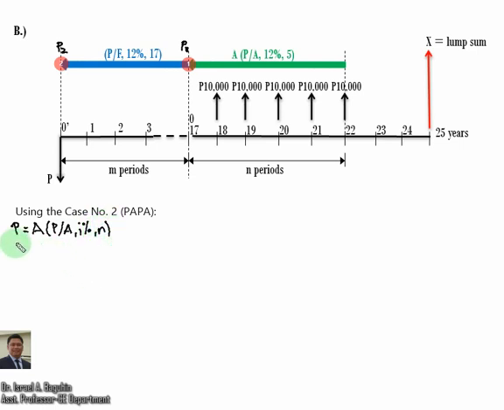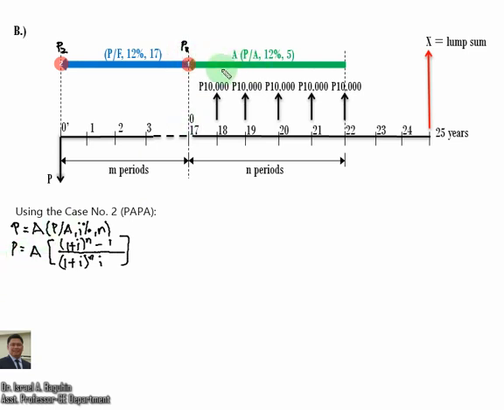So this is also equal now to P equals annuity times this quantity here, 1 plus I raised now to the N minus 1 all over 1 plus I raised now to the N times this I. Okay. Since we have these values for our A equals 10,000, our I is equal to 12%, and N is just equal now to 5 years. So actually we can get now the value of our P.